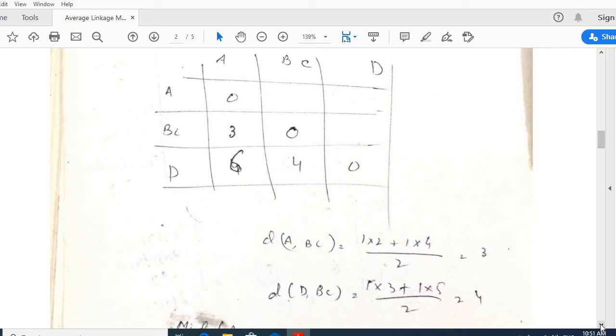Therefore 1 into 2 plus 1 into 4 divided by 2 is equal to 3.